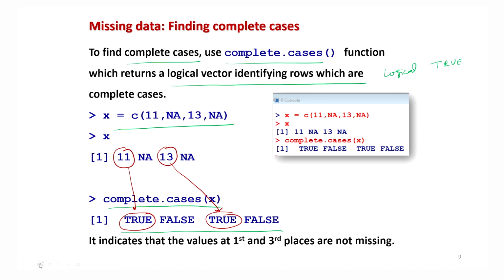And similarly, this NA is indicated by FALSE, and this NA is indicated by FALSE. Right. So by looking at this outcome, one can see that the values at the first and third places are available, they are not missing.